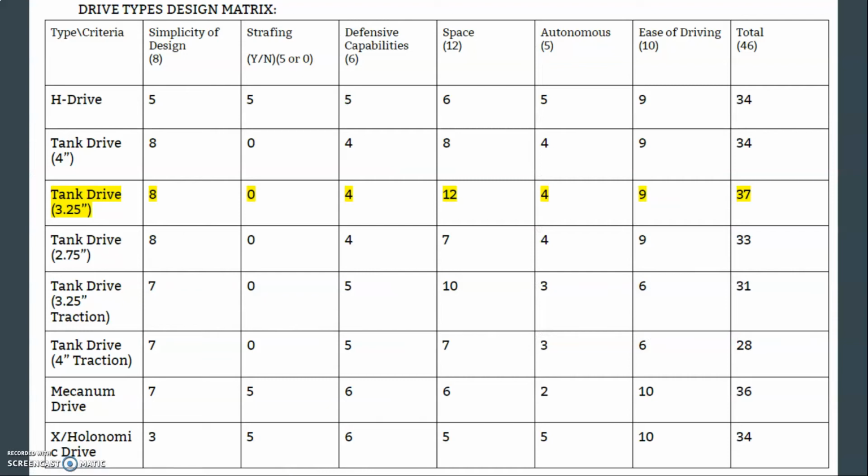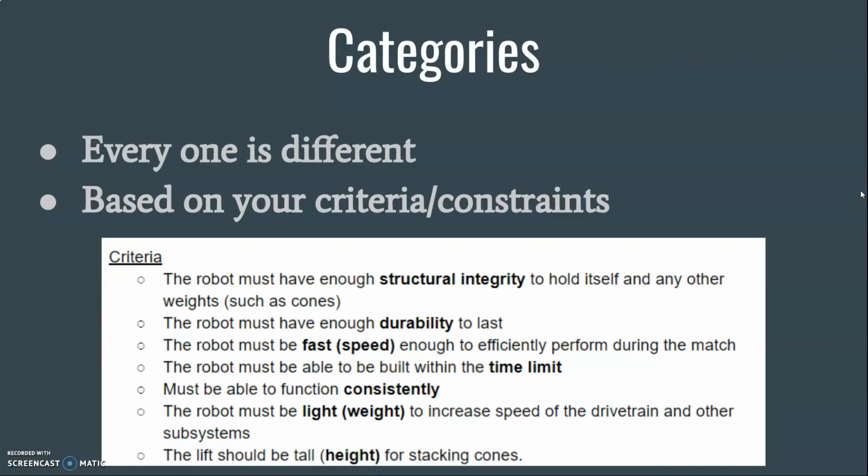On the screen is a photo of a decision matrix. As you can see, a tank drive type with 3.25-inch Omni wheels was chosen due to how it received the most total points in the end. The categories selected for the decision matrix are different based on things you are designing.